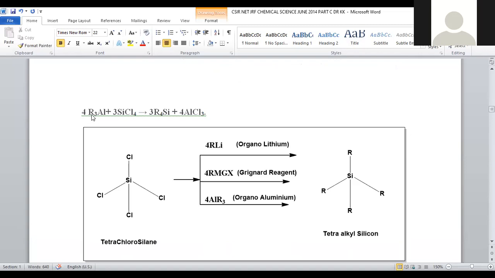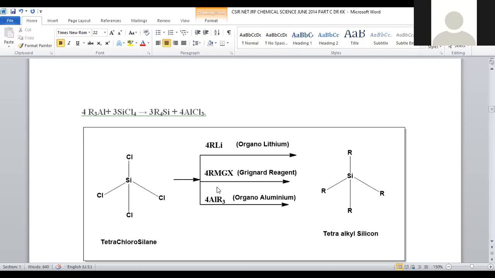Then let us go with the third one. What about the organoaluminium compound? Aluminium is trivalent, silicon is tetravalent. In order to balance the reaction, in order to achieve the stoichiometry, we are going to treat 4 moles of trialkyl aluminium with 3 moles of silicon tetrachloride. So that 3 moles of R4Si and 4 moles of AlCl3 are formed, so that stoichiometry is satisfied. So here we will again get silicon carbon linkage upon treating with this organoaluminium compound.